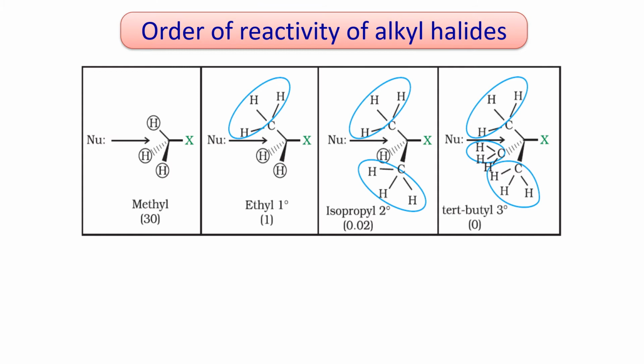As the number of alkyl groups attached to alpha carbon increases from primary to tertiary carbon atom, crowding at alpha carbon increases, which makes the backside attack of nucleophile progressively difficult. Thus, the order of reactivity of alkyl halides towards SN2 reaction is methyl halide greater than primary, greater than secondary, greater than tertiary alkyl halides.